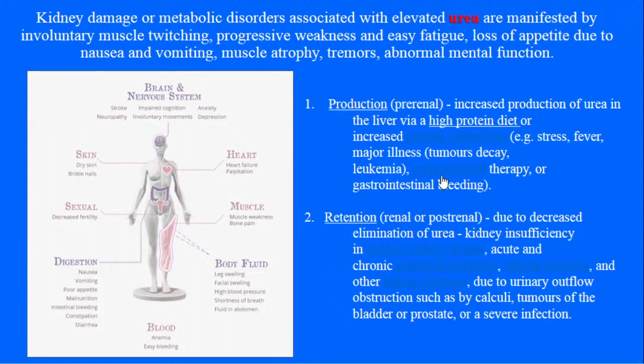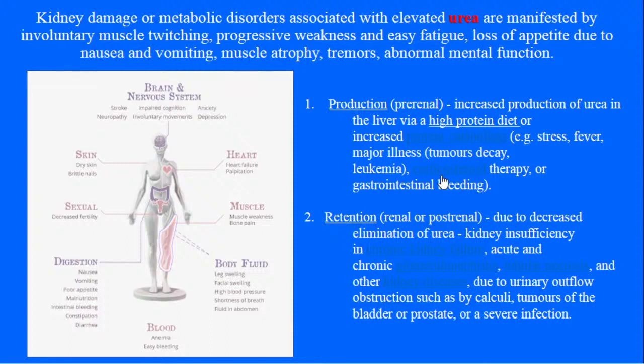So here we also can talk about 2 reasons for uremia. It's production uremia, also called prerenal, when increased production of urea is not combined with liver or kidney disease. The liver is overproducing urea a little bit more, because it can increase the velocity of urea production several times. It can be in a high protein diet, I told you about this, or increased protein catabolism.